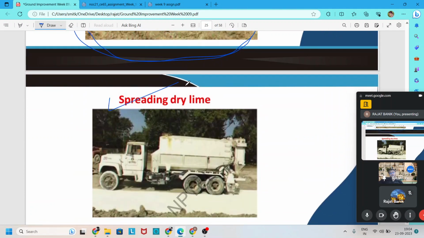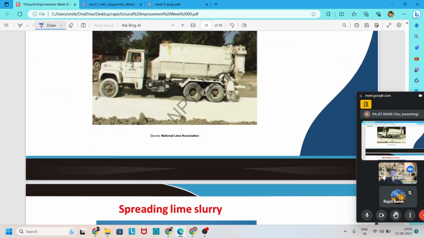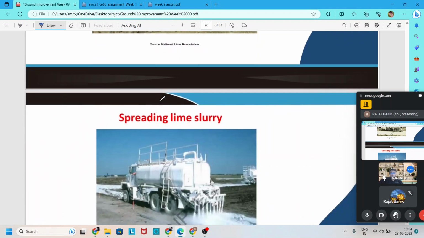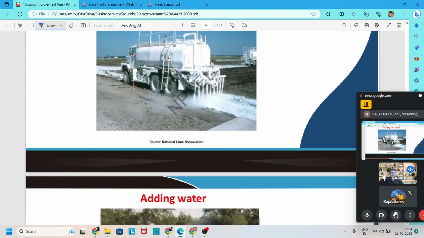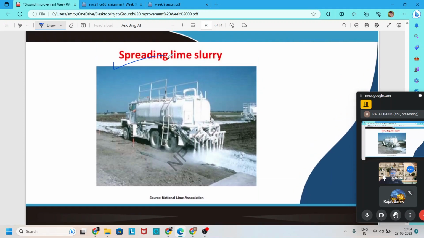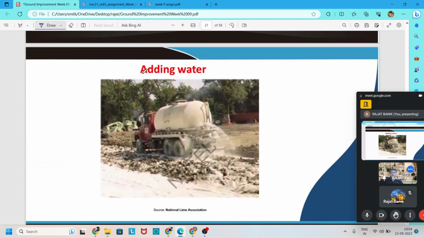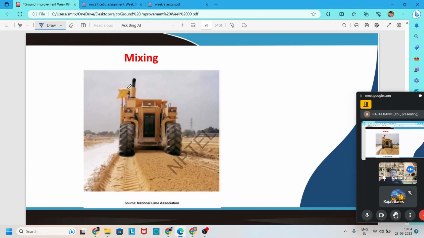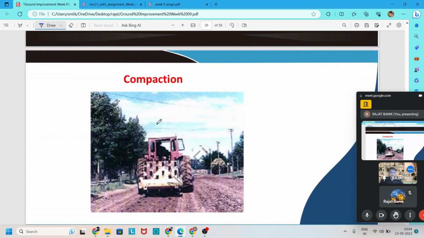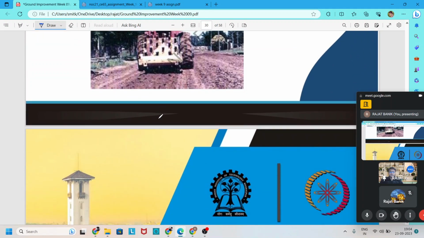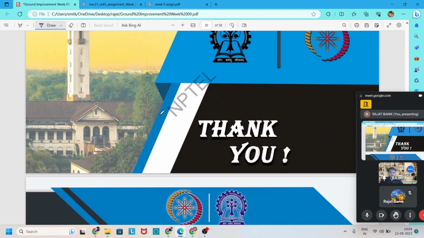Then we spread the lime, apply water onto the lime, and then mix with a sheepsfoot roller or smooth roller. Then it is compacted. In that way, we stabilize the ground with lime.